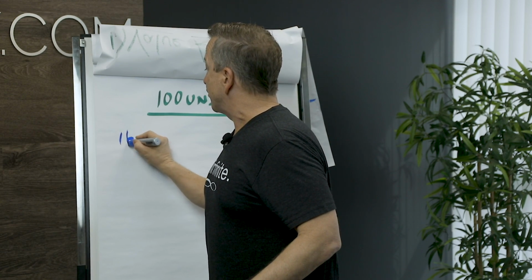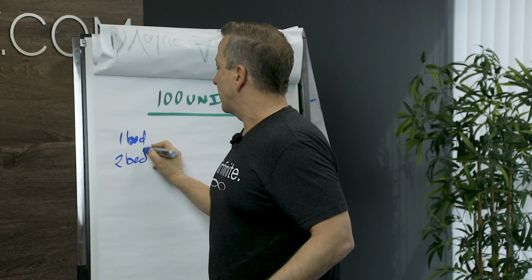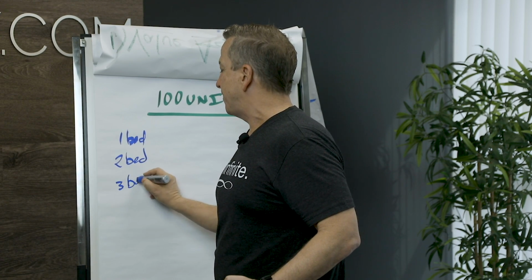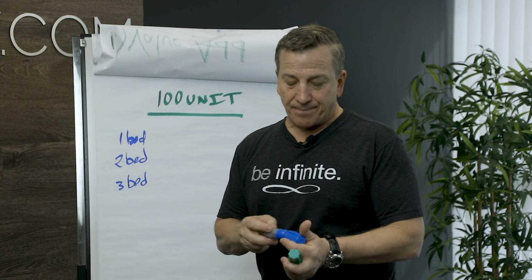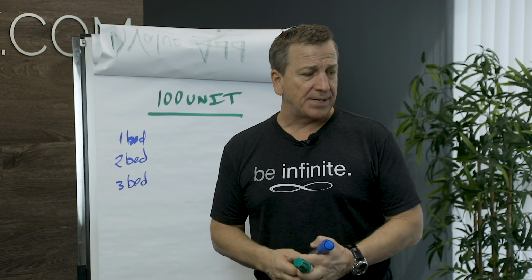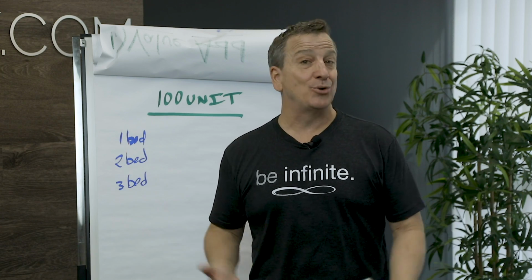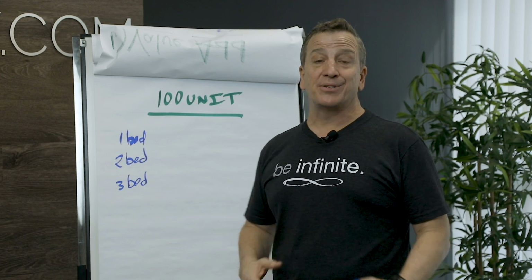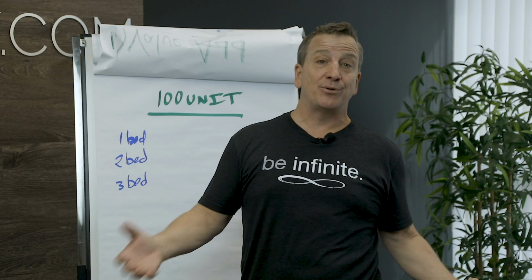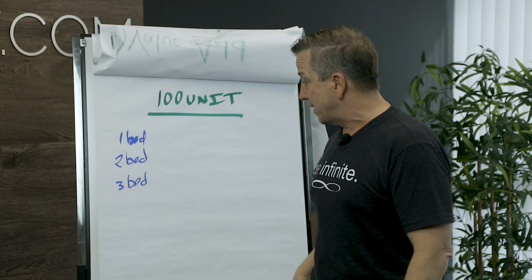But we have the 1 bedrooms, the 2 bedrooms, and the 3 bedrooms, let's say. And you'll find that the types of units are all over the map. We've had properties that have been all 1 bedrooms, all 2 bedrooms, some that don't have any 3 bedrooms, some that have 2s and 3s, some that have 1s and 2s. It doesn't really matter, but you get the point.